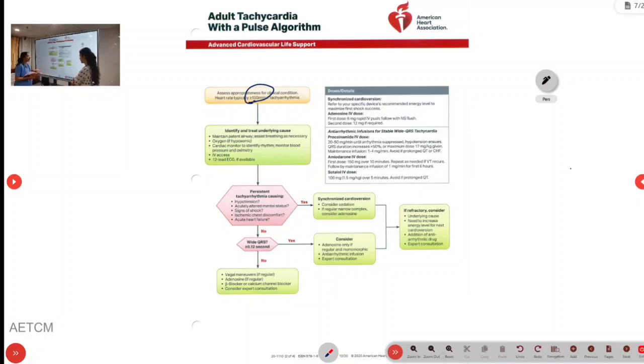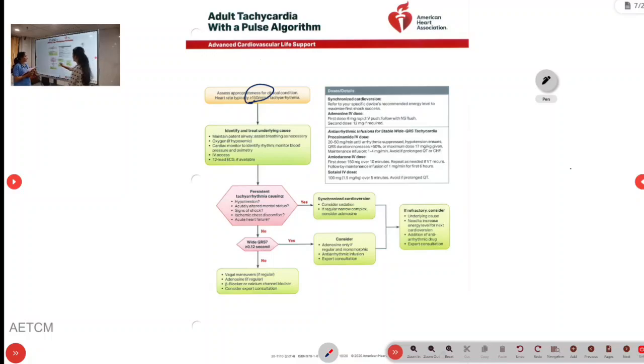If it is not wide complex, narrow complex, we go for vagal stimulation or adenosine, beta blockers or calcium channel blockers. We'll see whether this SVT is reverted or not. If it is wide complex and non-reverting, we'll consider adenosine, then antiarrhythmic infusion and expert consultation.